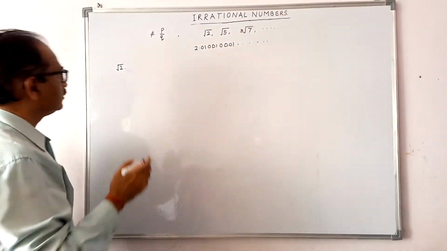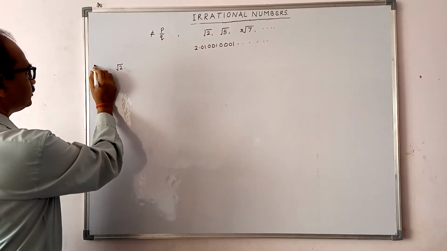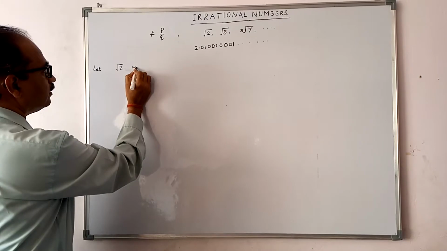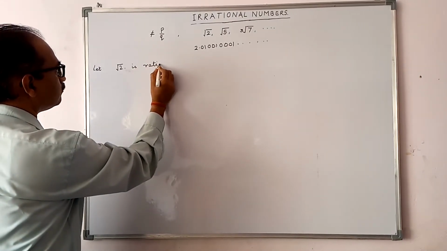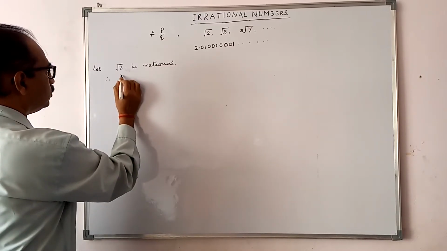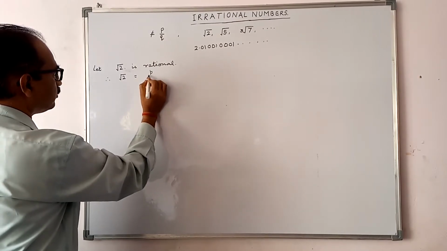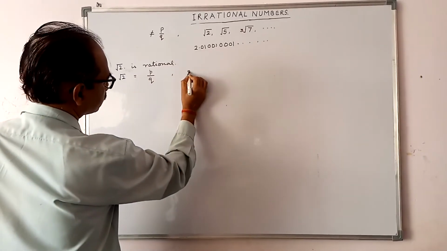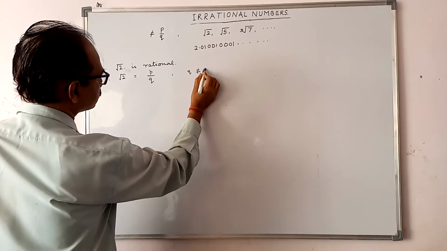Let's see, we have to prove root 2 is an irrational number. Let root 2 be rational. Therefore, root 2 can be expressed in the form of p upon q, where q is not equal to 0.